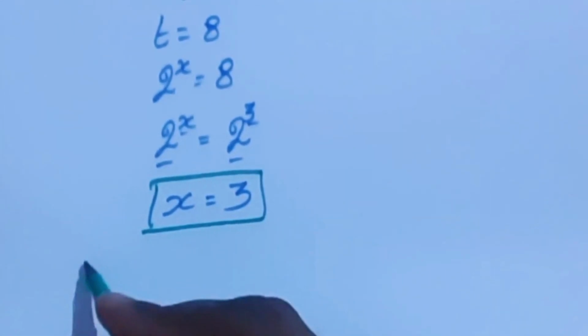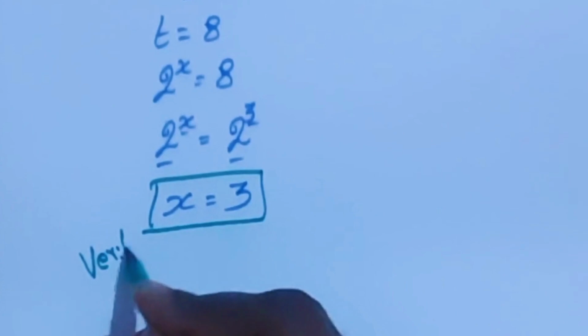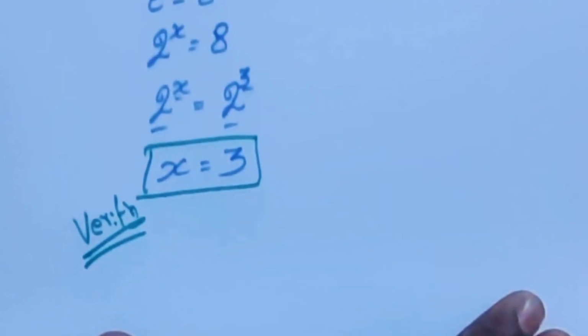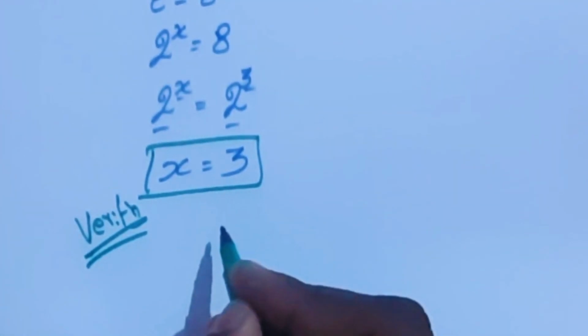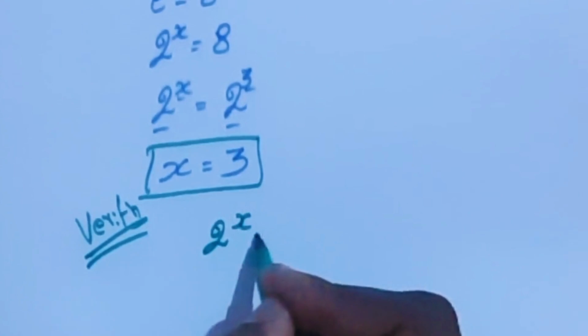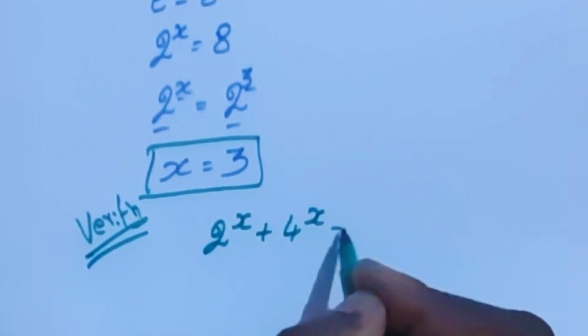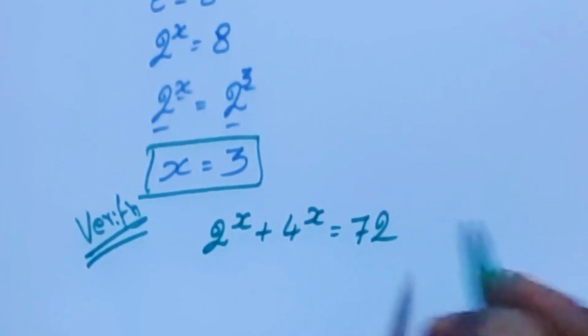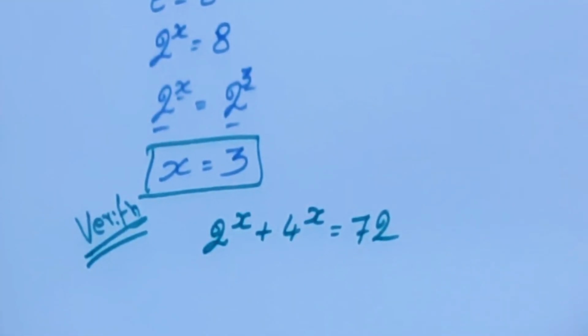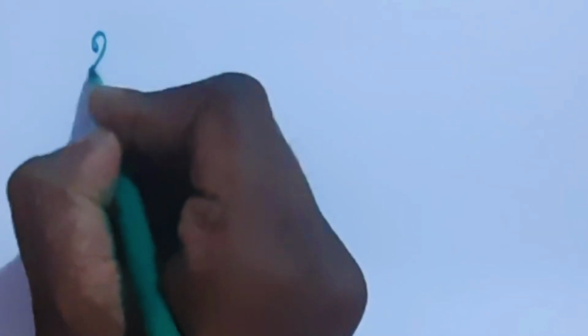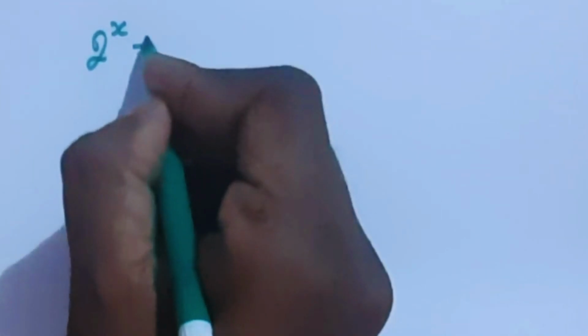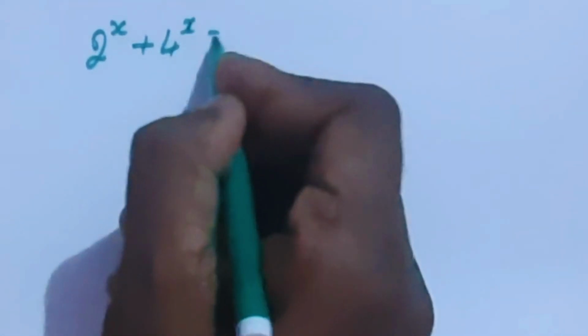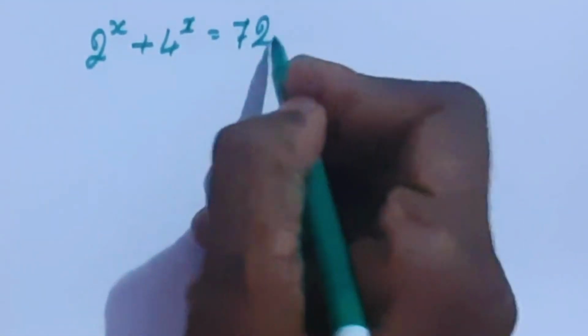Now we are going to verify this in the equation 2^x + 4^x = 72.